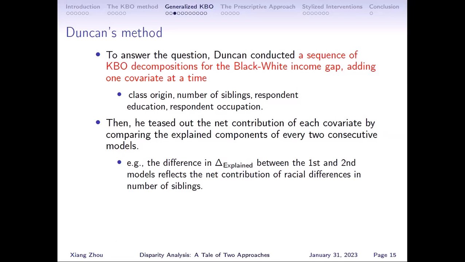For example, the difference in the explained component between the first model and the second model reflects the net contribution of racial differences in number of siblings after we account for racial differences in class origin. To our knowledge, this is the first paper that used a sequential approach to analyzing group disparities.